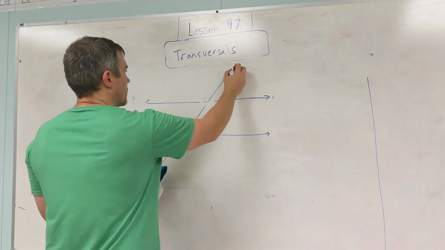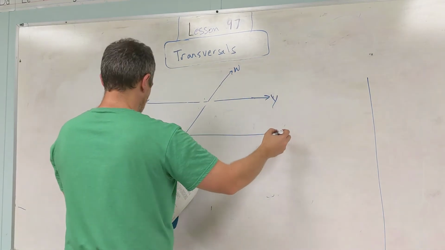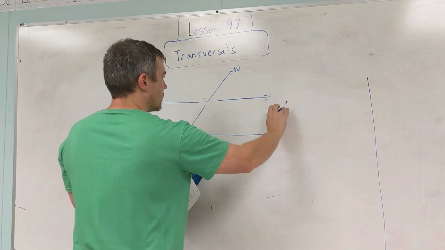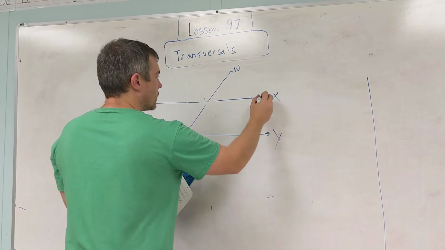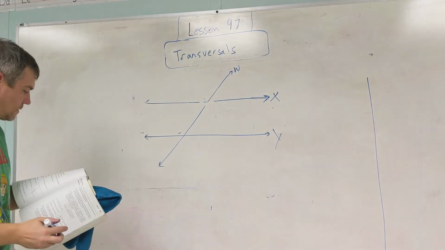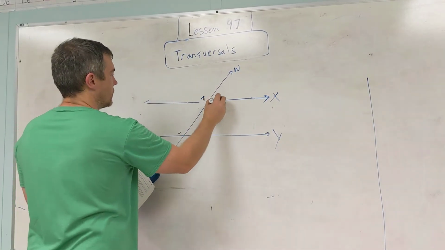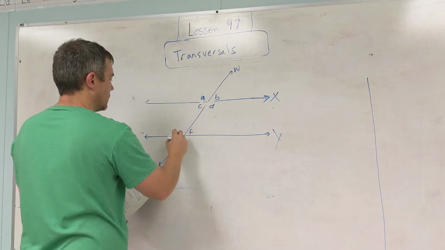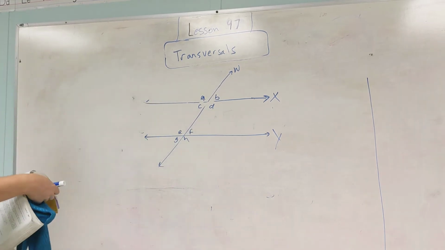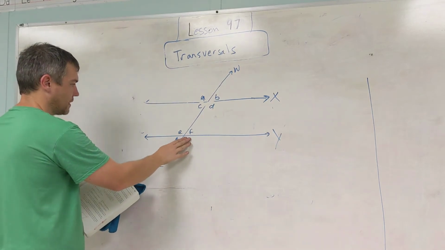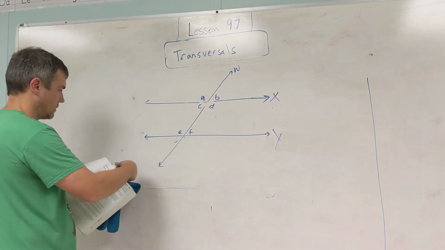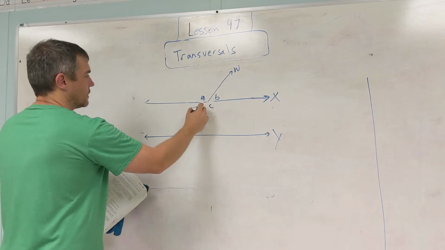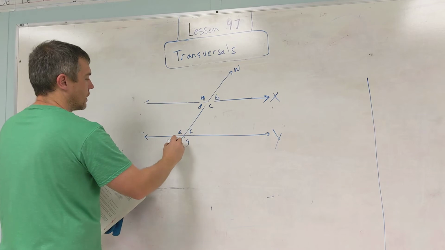We've got W that intersects X and Y. Okay, and our angles are going to be A, B, C, D, E, F, G, H. Sorry. For some reason they put H on this side, and C on this side. A, B, C, D, G, H. There we go.